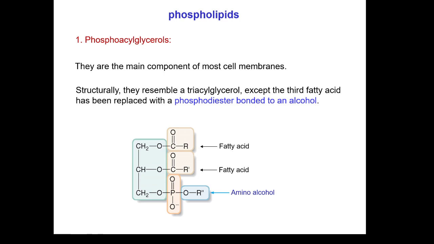The structure looks just like a triacylglyceride, except one of the fatty acids has been replaced by an alcohol. So fatty acid chain, and here we end up with a phosphodiester bond to an alcohol.